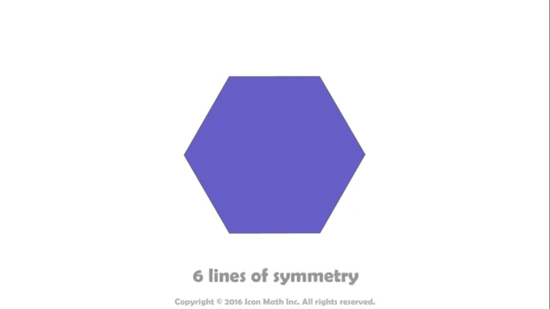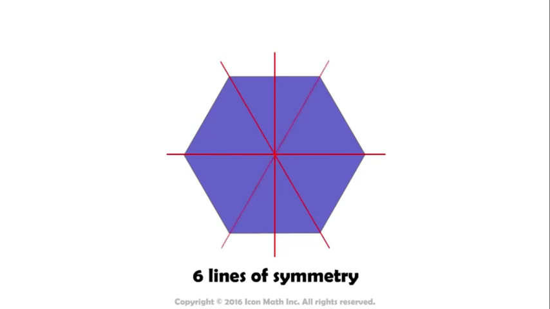While this regular hexagon has 6 lines of symmetry, the first one is vertical, and the second one is horizontal, while the other 4 lines of symmetry are diagonal ones.